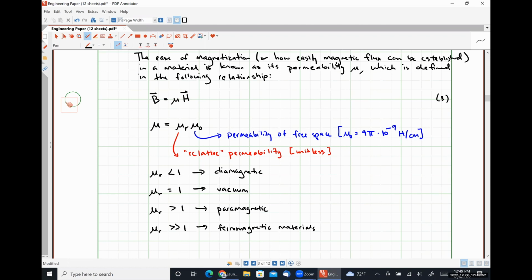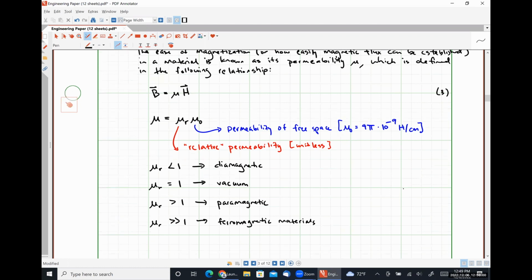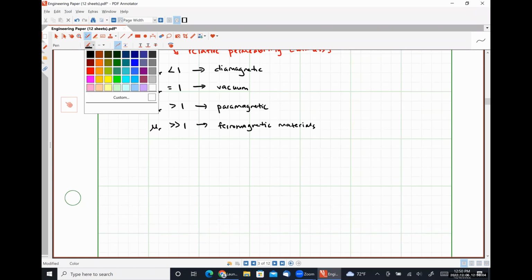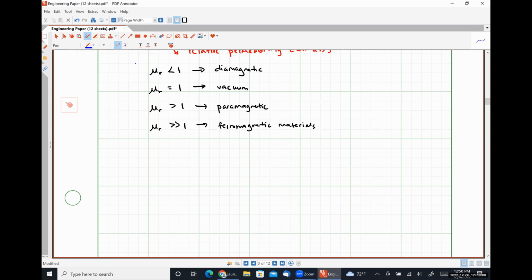So let's revisit our solenoidal coil, but look at what happens if we have a very high permeability core, okay? So this is just going to be a picture kind of explaining what's going on. So let me put my core material here.